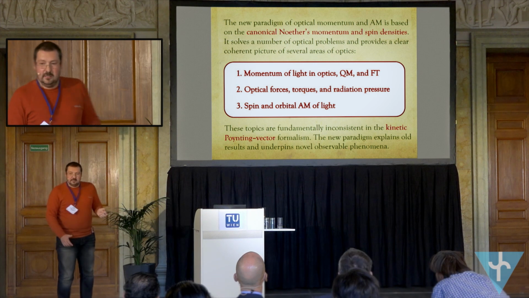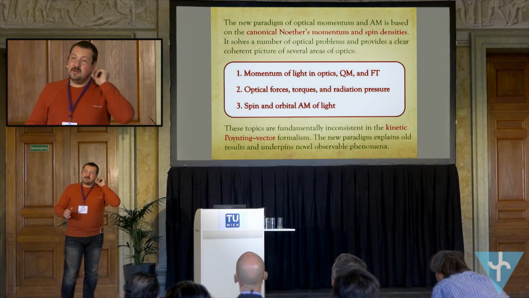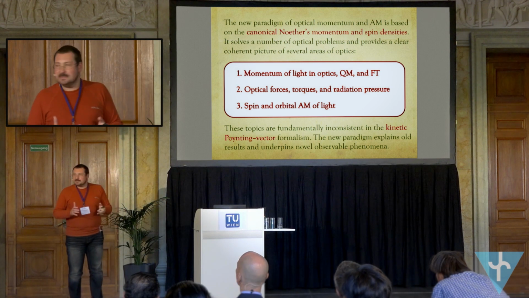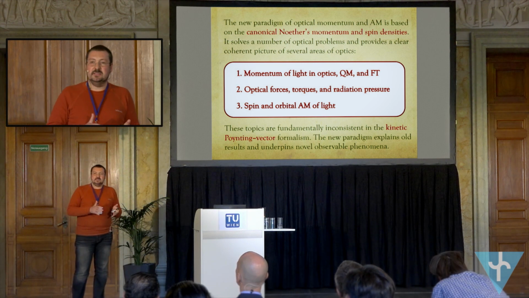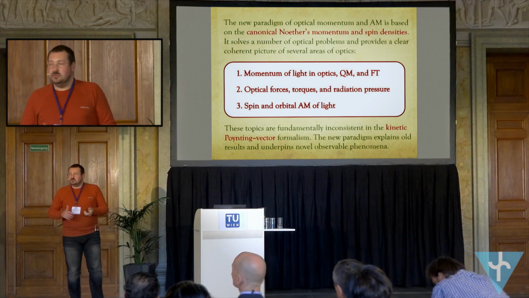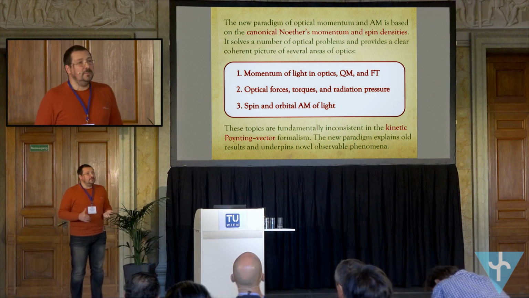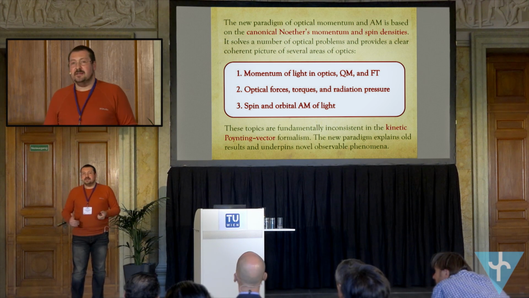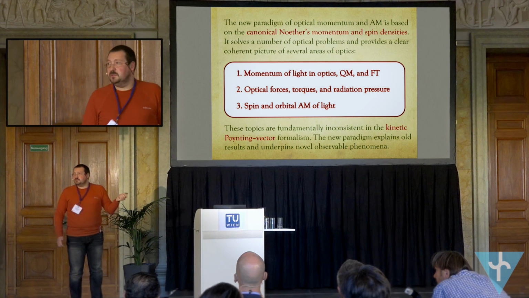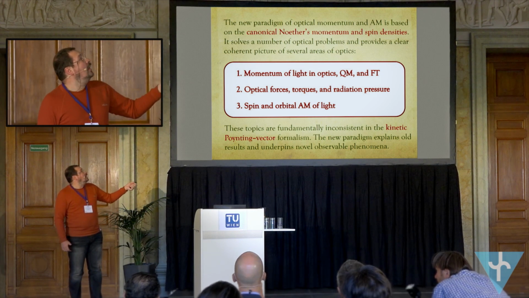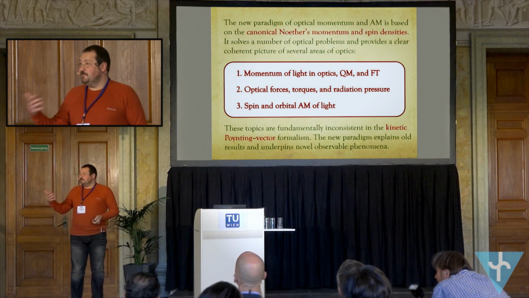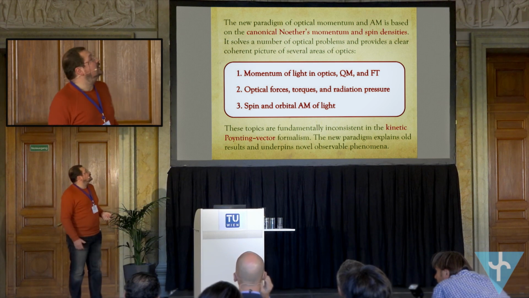Okay, so to conclude, my goal was to provide a picture of momentum and spin of light, of photons, which would be consistent between classical optics, relativistic field theory, and quantum mechanics. And to do this, we had to adopt the relativistic field theory picture and canonical momentum and spin density. And this resolves many problems in classical optics, because now optical forces, torques, and radiation pressure are associated with the fundamental field theory quantities.